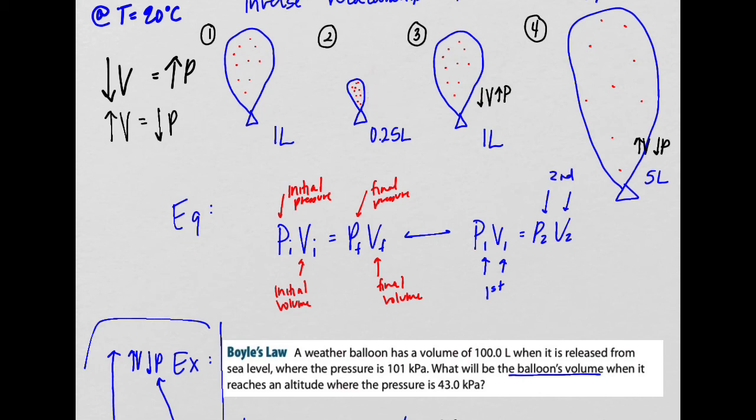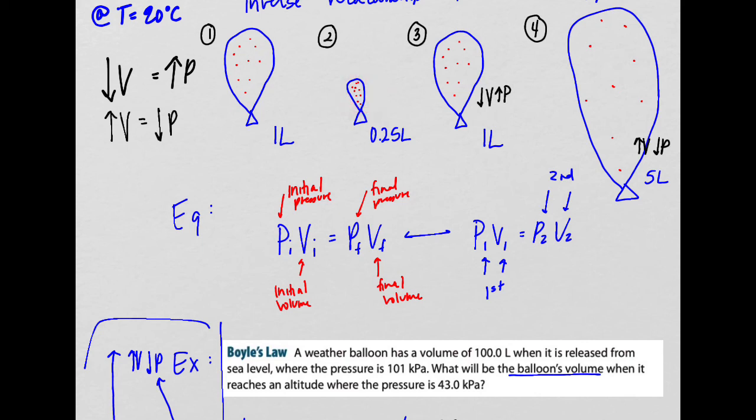Right? Remember, pressure is just collisions between gas particles and between gas particles and their containers. So gas particles in the container, this would be the balloon here. If we decrease the space that the gas particles have to roam around in, we increase the pressure.